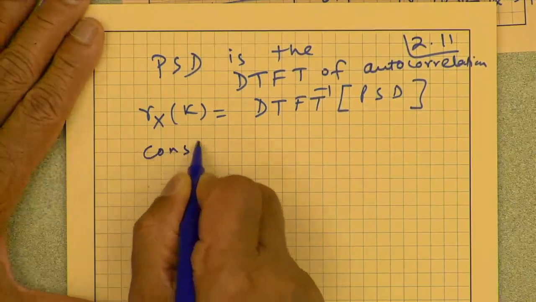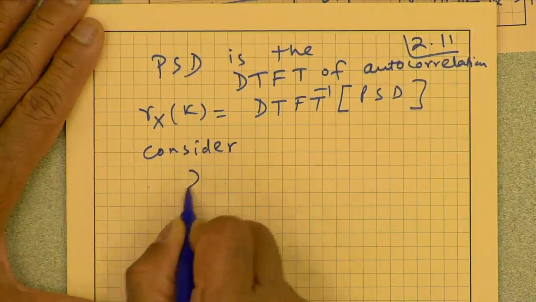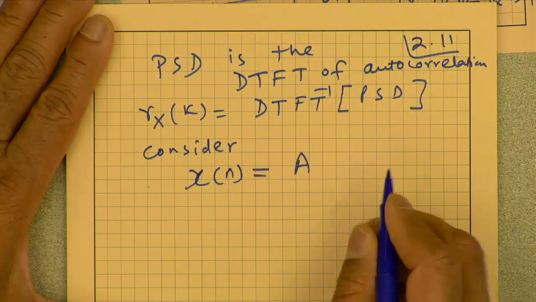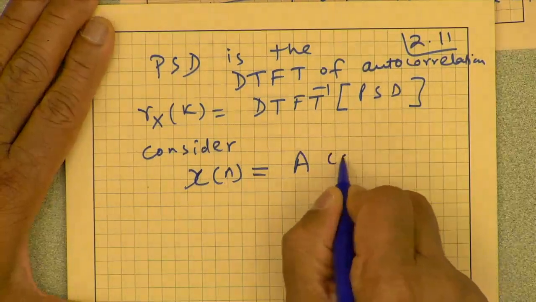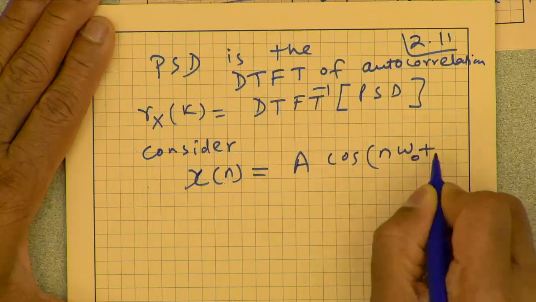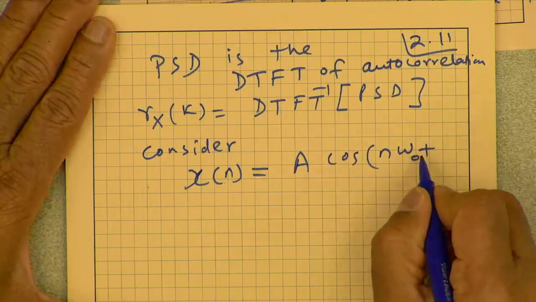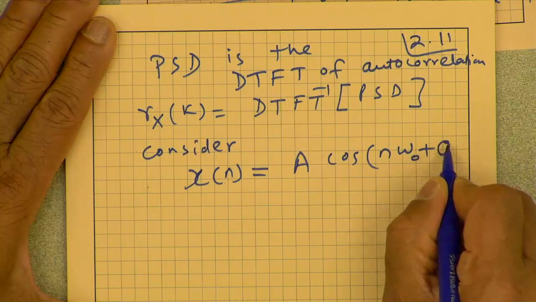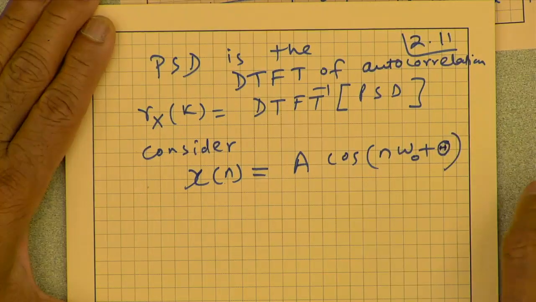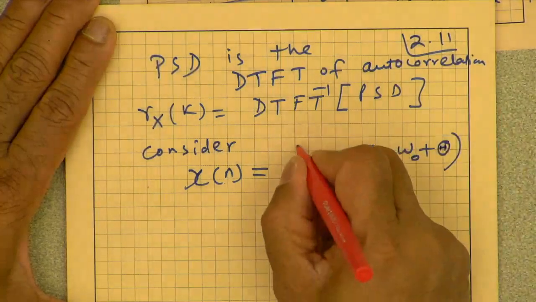So let the signal x[n] be some random amplitude A cosine of (nω plus nω naught, the fundamental frequency, plus a random signal theta). So this A is random.